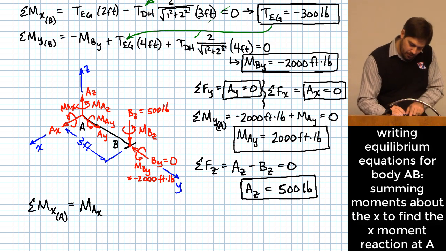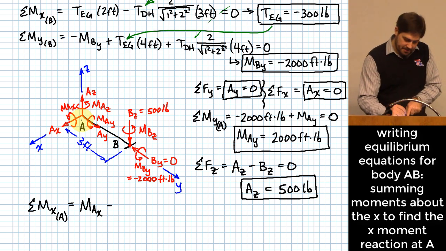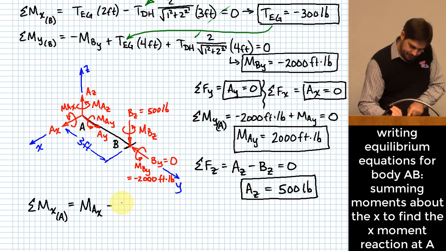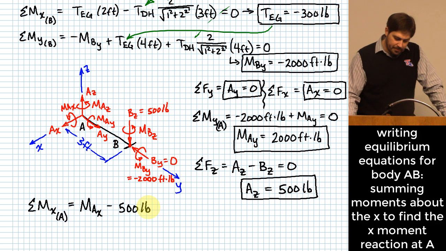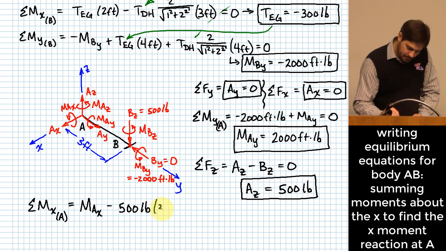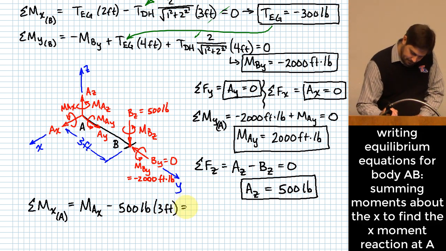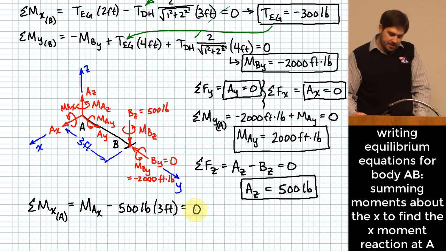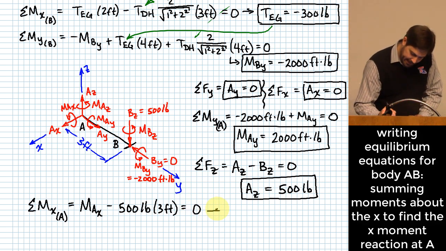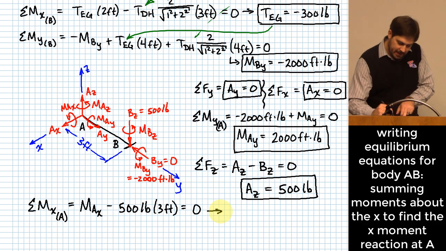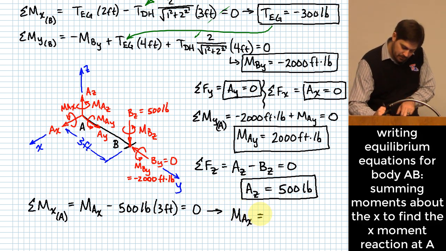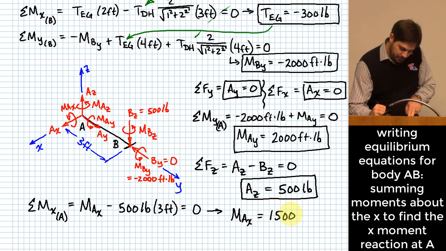The direction that it's shown would create a negative moment around the x-axis, and the value of that moment would be 500 pounds times 3 feet. And this would sum to 0. So from that equation, MAX ends up being 1,500 foot-pounds.